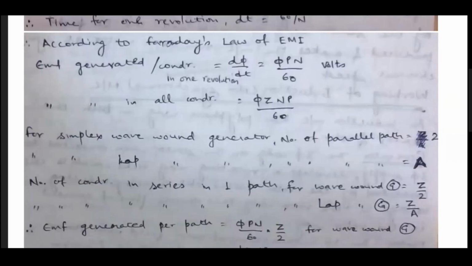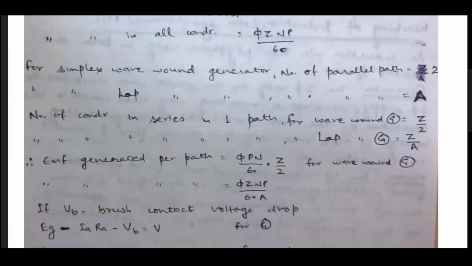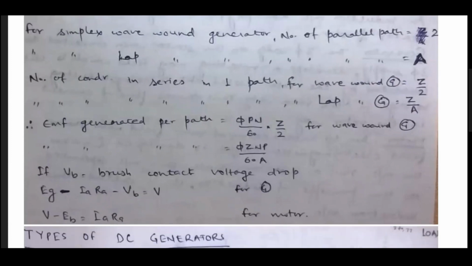Now if we are required to calculate the EMF generated for all the conductors, then we know that the total number of conductors is Z, so it becomes phi Z N P upon 60. There are two types of windings, based on how they are wound in the armature.